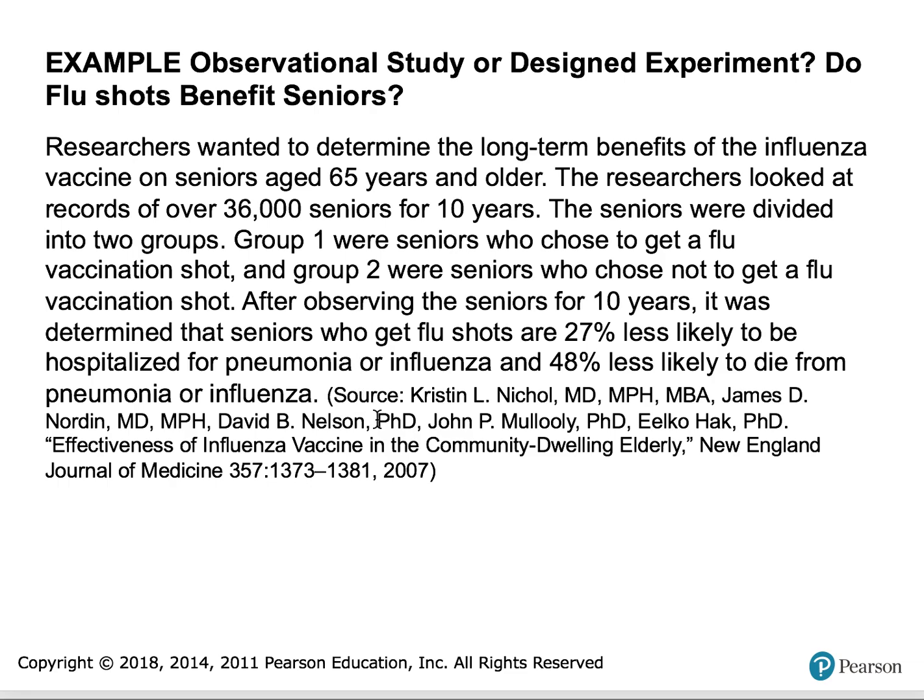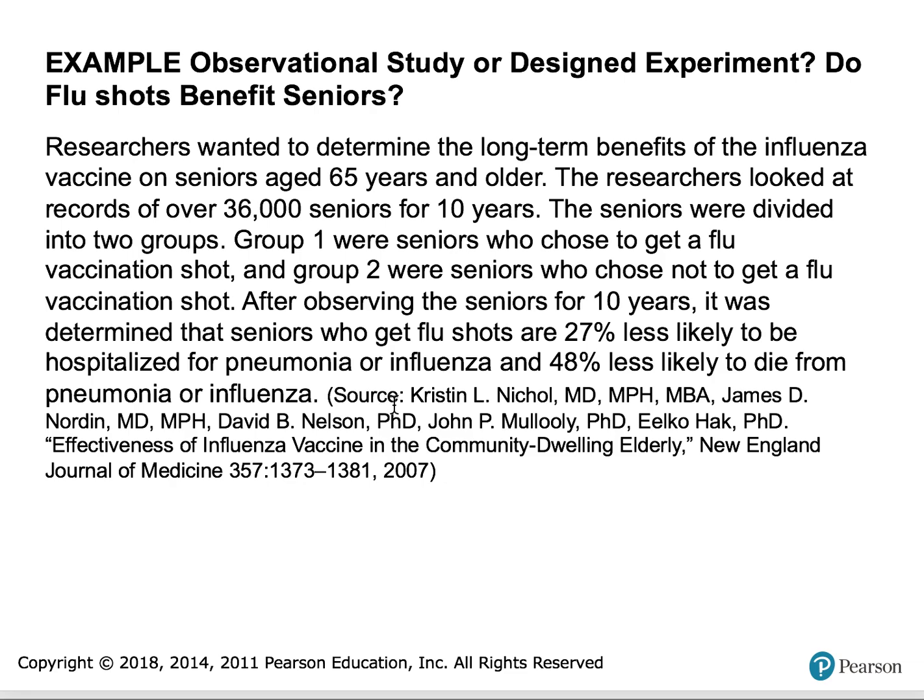After observing the seniors for 10 years, it was determined that seniors who get flu shots are 27% less likely to be hospitalized for pneumonia or influenza and 48% less likely to die from pneumonia or the flu.